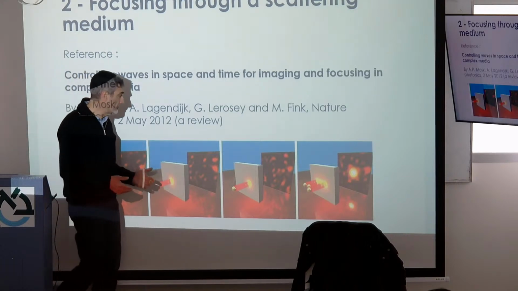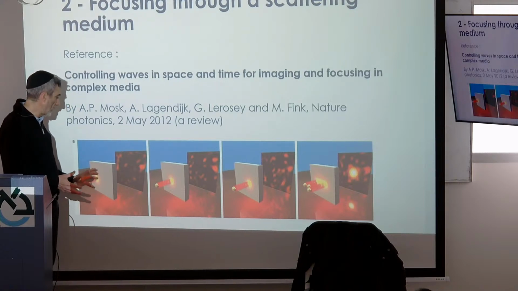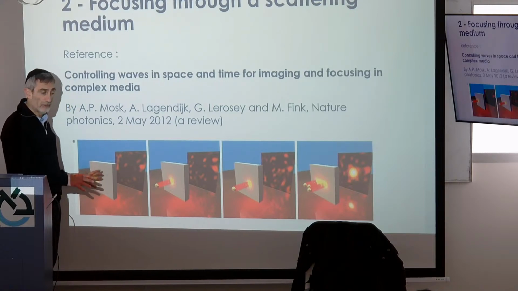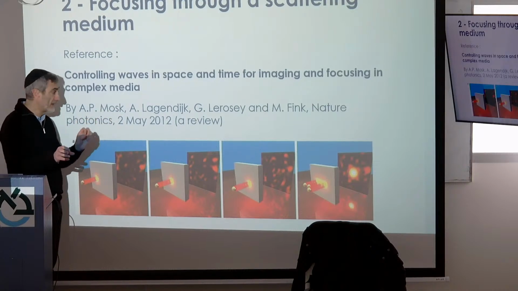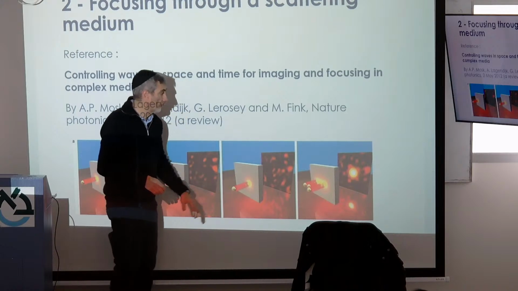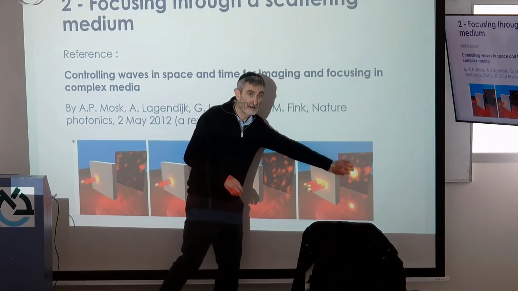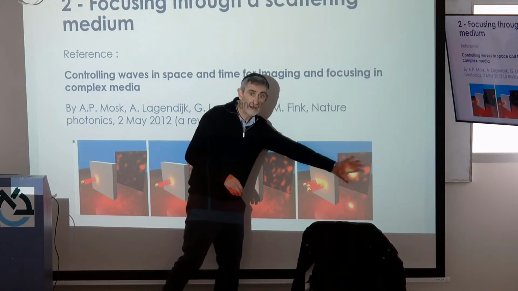You can imagine that if you combine smartly the way you illuminate the sample at different positions with different phases, you can combine these speckle patterns so that you may have an enhancement at some position and a reduction elsewhere.